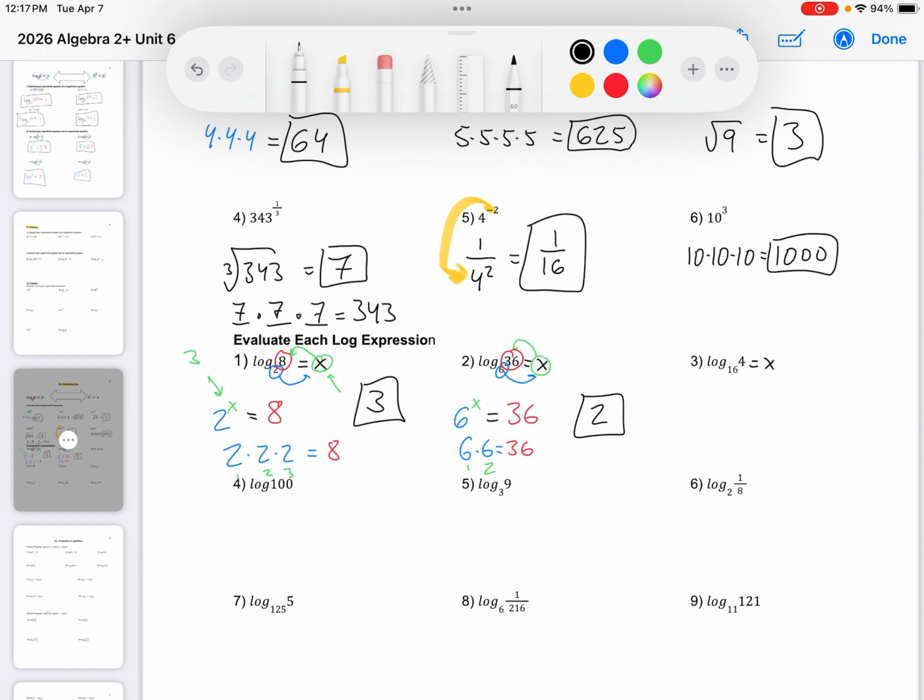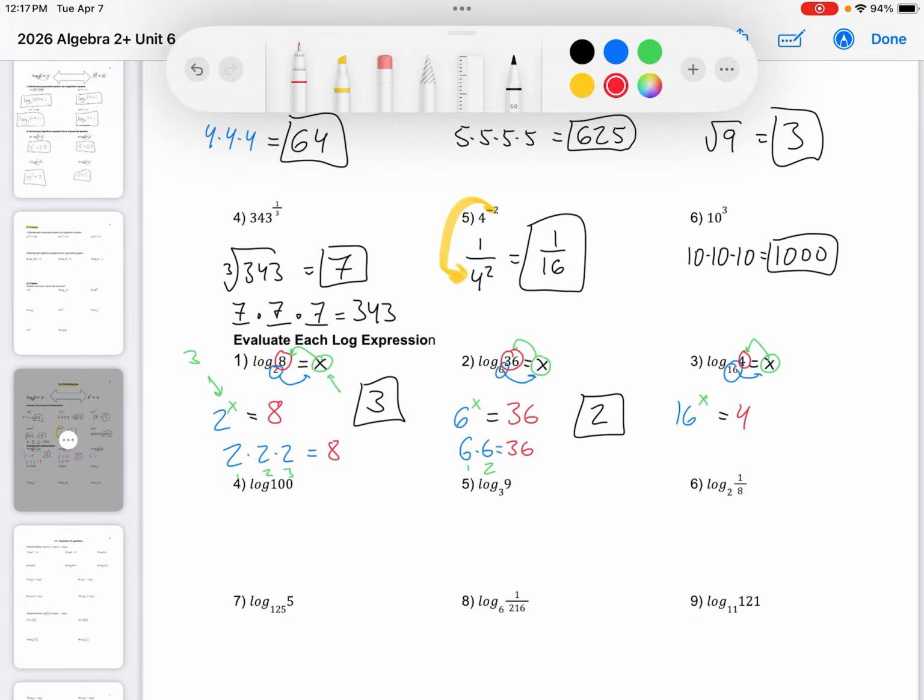We've got log base 16 of x, and it needs to equal 4. And so we should have 16 to the power of x, and it needs to equal 4.